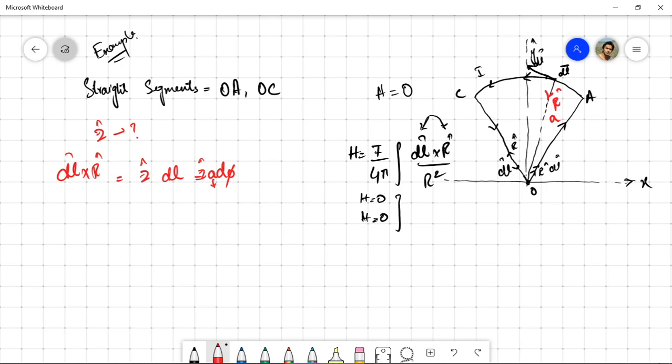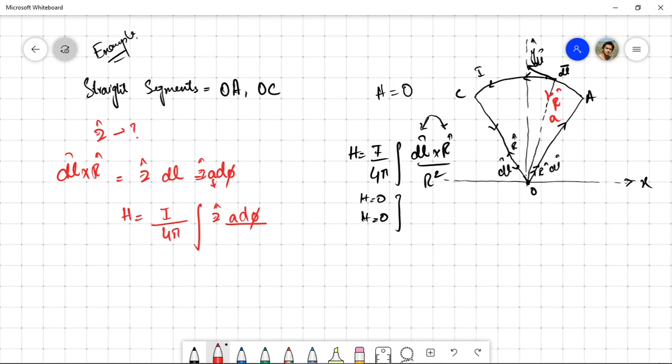So consequently dH will be I over 4 pi, and what's the value of dl cross r hat? This is z hat a d phi. And what is the value of r square?